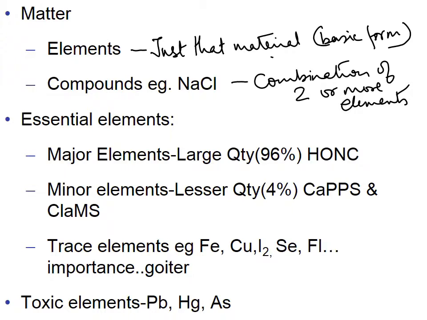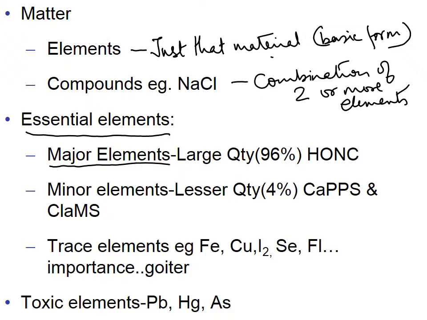Okay, now, in the human body or in any biological living system, and in this case we are talking about the human body, if we are going to list out all the different elements that we are composed of, we can classify them in a certain way, which is easy to remember. So the largest quantity, or the major elements, are those of which a big percentage is present.